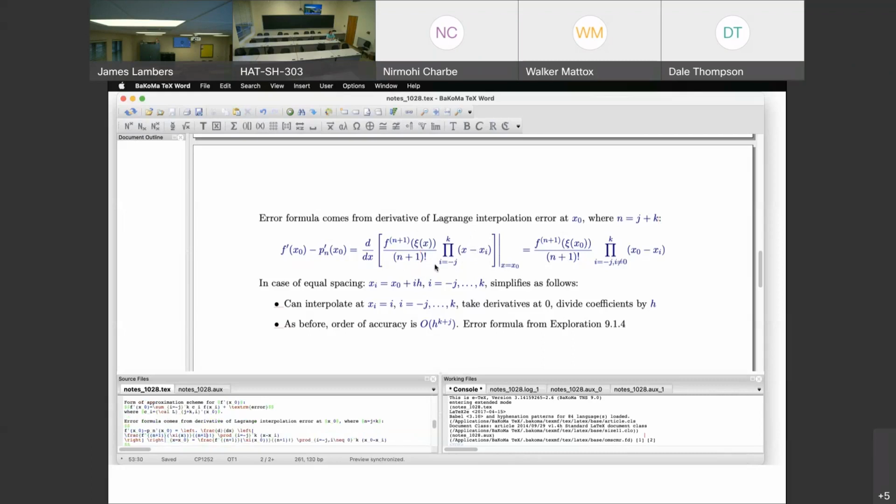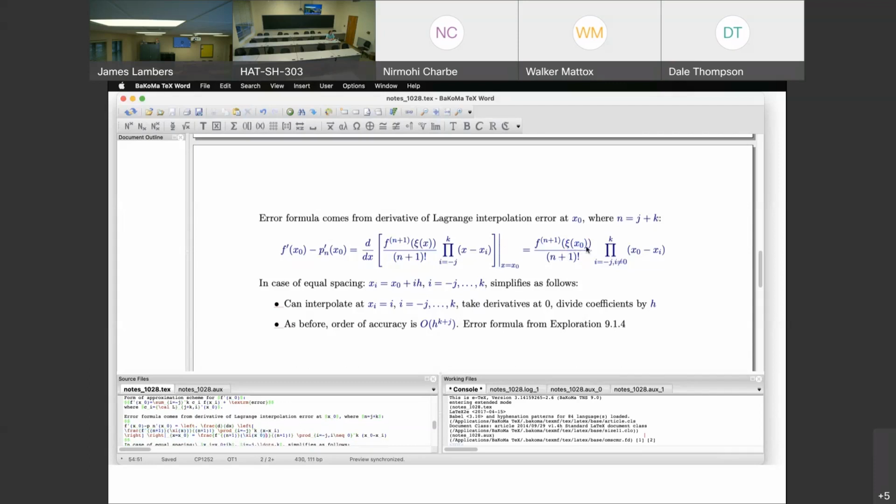So all we're going to have is this part as is, you see that over here, with x equal x naught. This is still an unknown point though. And then the derivative of this evaluated at x naught. But what that turns out to be, also by product rule, is all of these linear factors multiplied together except for x minus x naught.